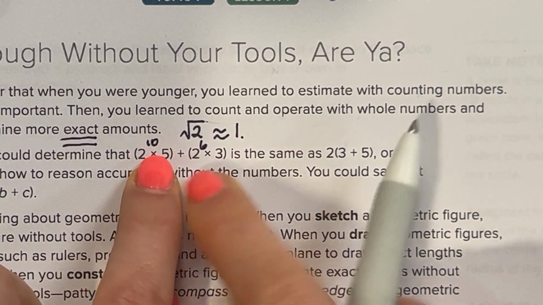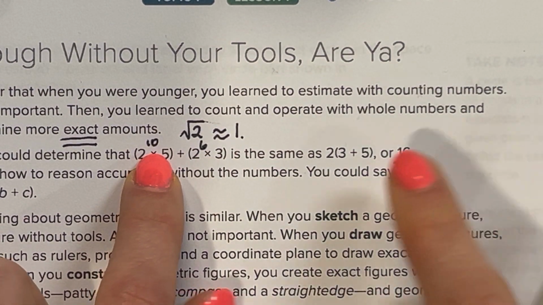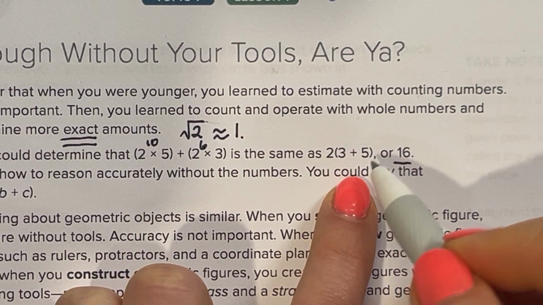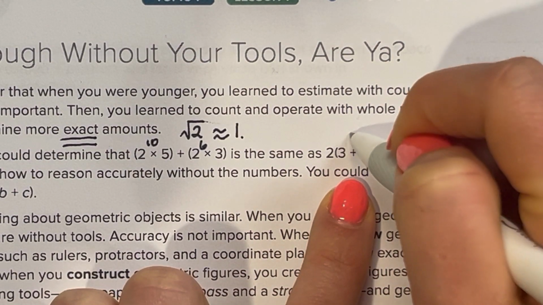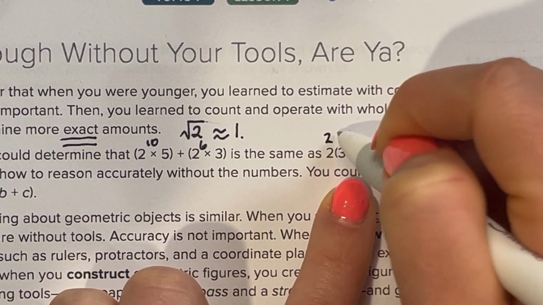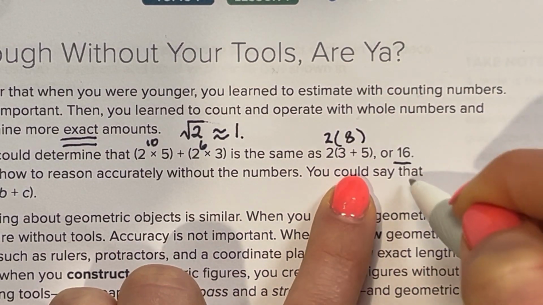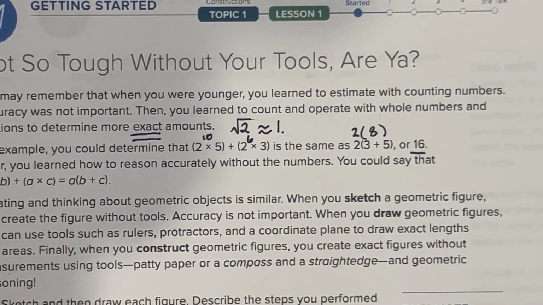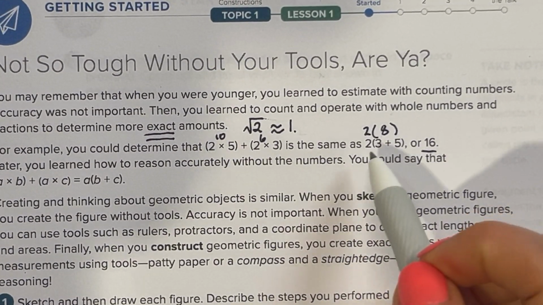And if you add them together, you get 16. In this case, we have parentheses here, so you do 3 plus 5 first, and 3 plus 5 is 8. And then you would multiply times 2. 2 times 8, also 16. Oh my gosh, isn't that so cool? That's the proof for distributive property.